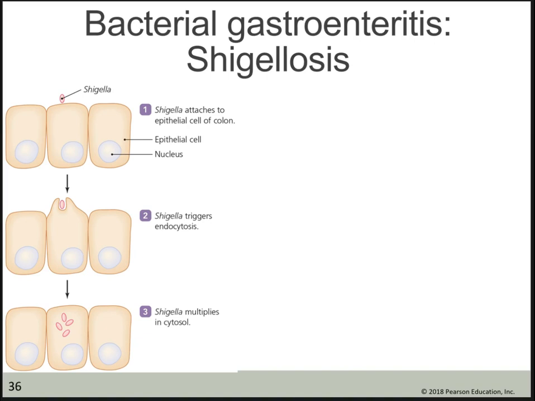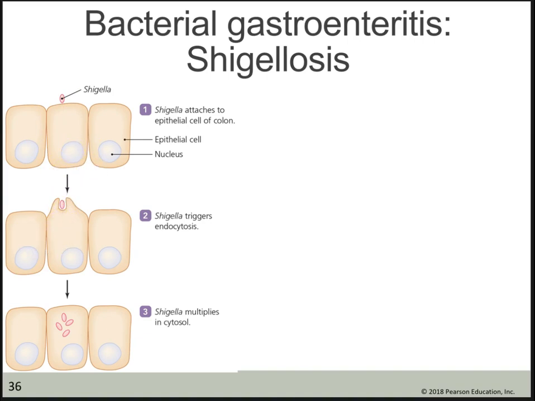Now for bacterial infections of the gut, we're going to start with shigellosis. So shigellosis is caused by Shigella bacteria. And here we can see a Shigella bacteria attaching to the epithelial cell of the colon. This is the epithelial cell, here's the nucleus.